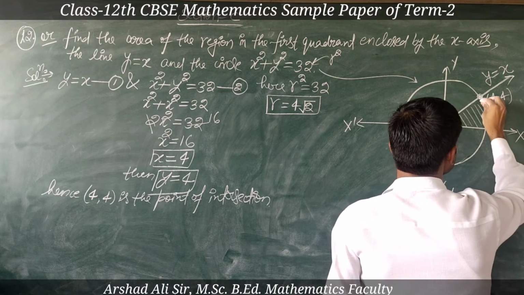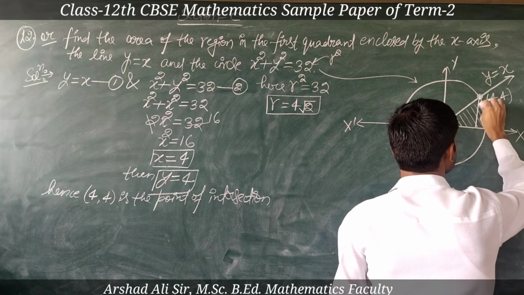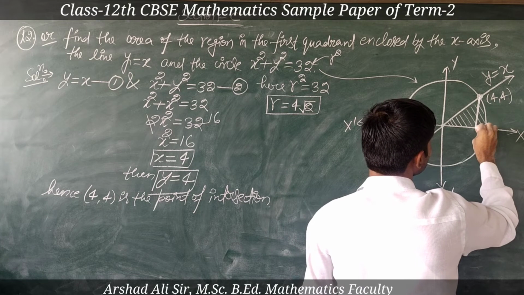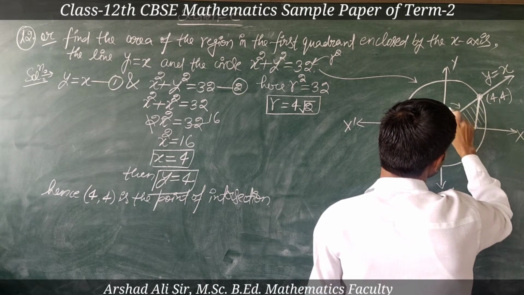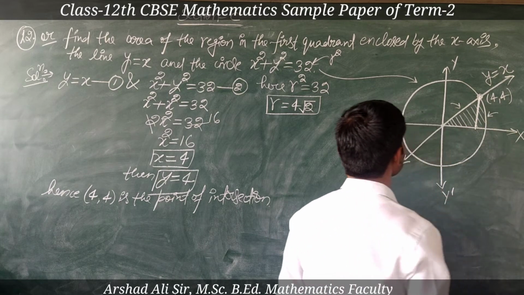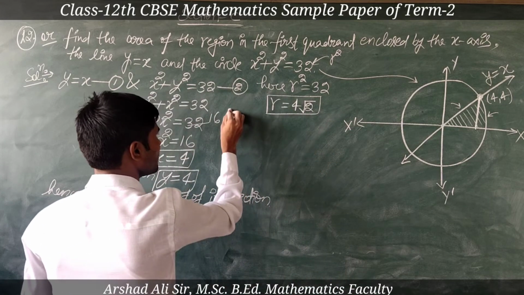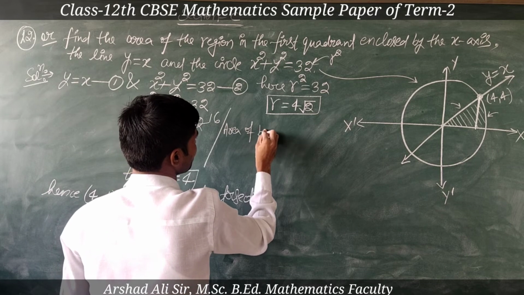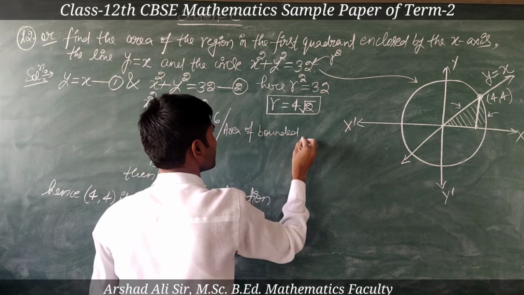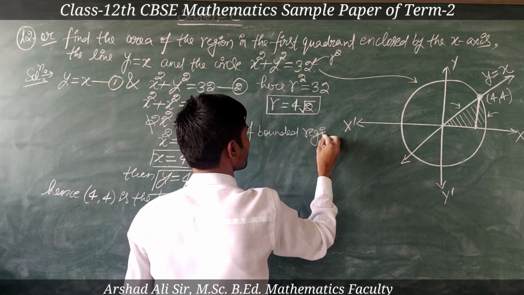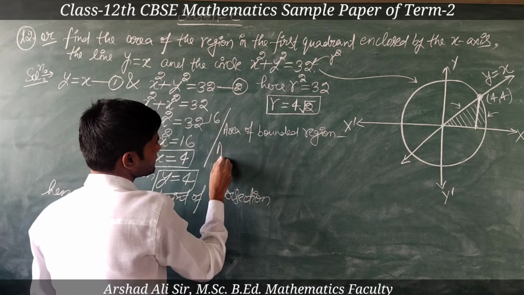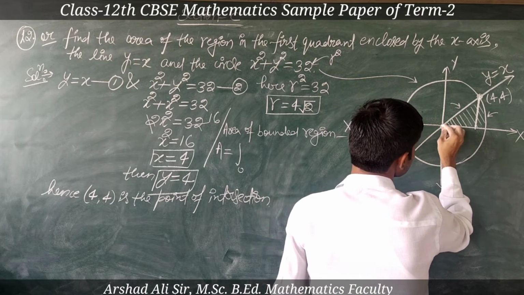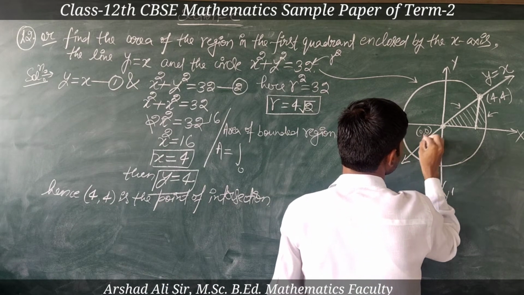Okay, but we can draw the perpendicular. We can draw the perpendicular because we will have to use two boundaries. One of them is line and second one is circle. So area of bounded region, A is equal to limit 0 to, this one point is 0, 0 origin.